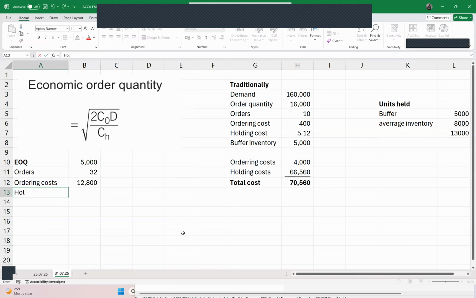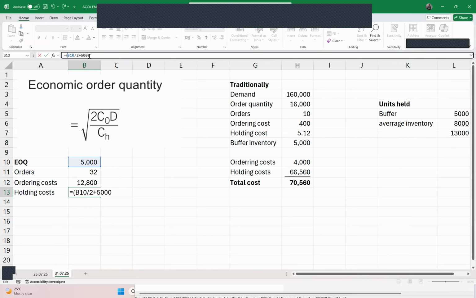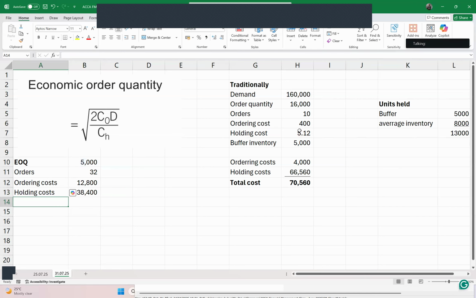Then the holding cost. And as I said, we can do this in one go. Basically, it's going to be 5,000 over 2 plus the buffer inventory. That is the average inventory. Then you multiply this by the cost of holding. If you think this is difficult for you to do, you can still break it down like I did and get the answer.